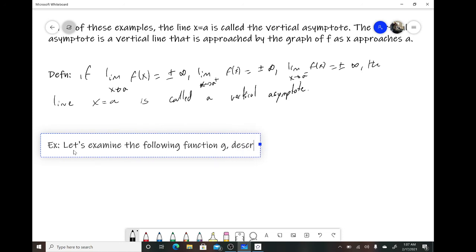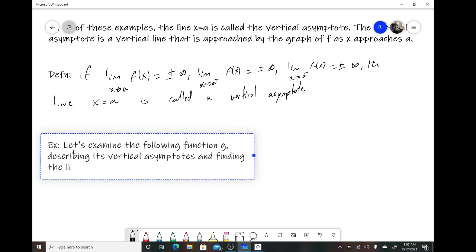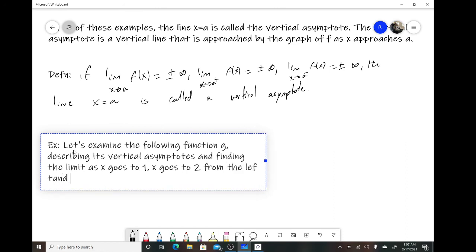Describing its vertical asymptotes and finding the limit as x goes to 1, x goes to 3 from the left, and x goes to 3.